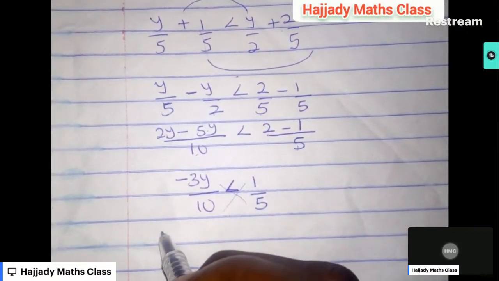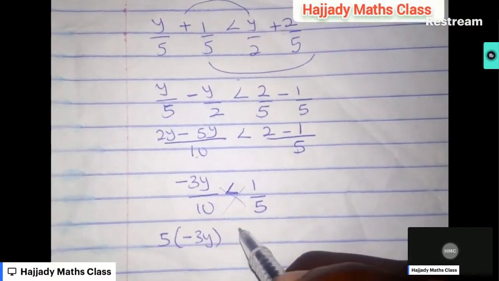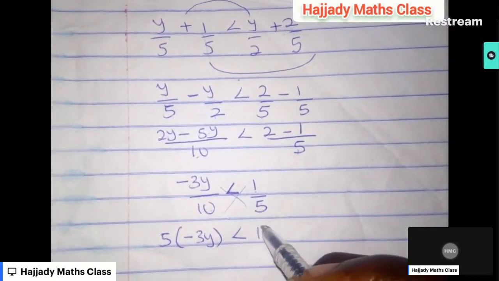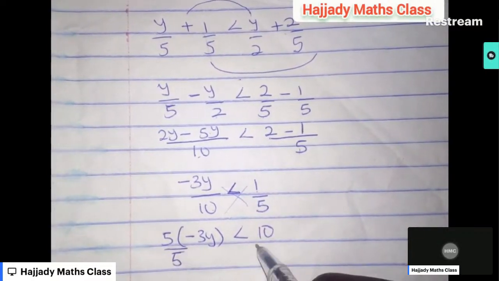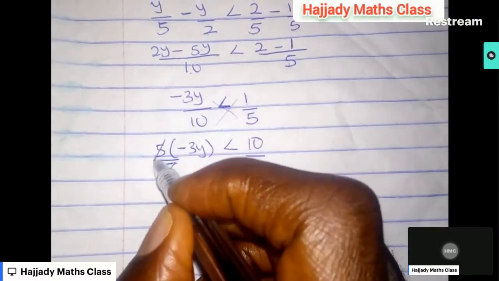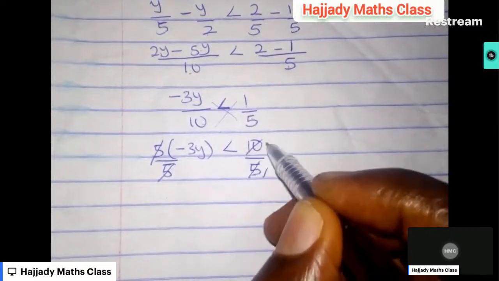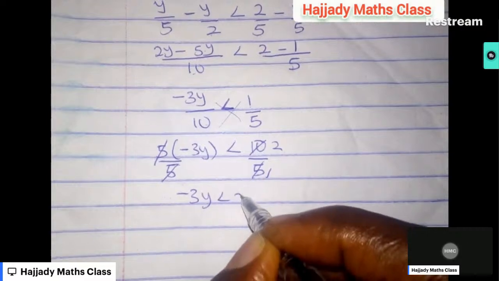So I have 5 times minus 3y less than 10 times 1, which is 10. So dividing both sides by 5, 5 cancels out 5, 5 here 1, 5 here 2. So here I'm having minus 3y less than 2.